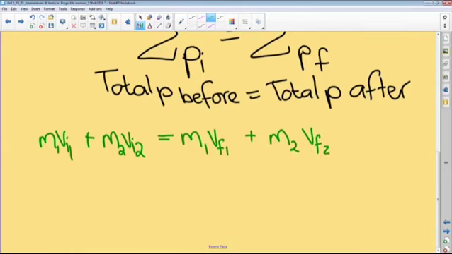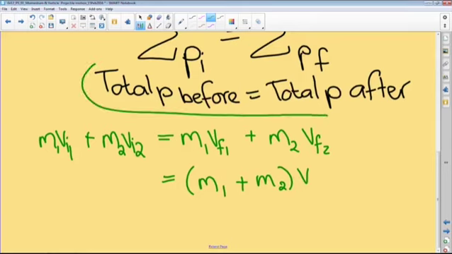If the two objects were separate, come together, collide, and stay together, which often happens in car crashes, then I can actually add the two masses together because the velocities are the same. So I don't need to worry about it. The science that we're testing is this part. That's actually the equation.